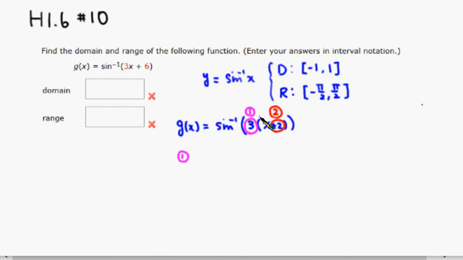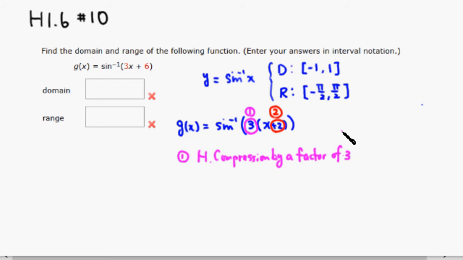Since it's multiplied by 3, it's actually going to shrink it by a factor of 3, so it's a horizontal compression by a factor of 3.